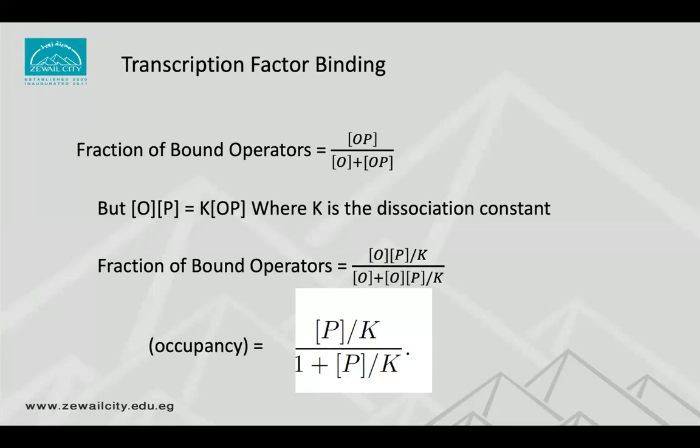And now, if you have association constant, then you have dependence in this occupancy on the dissociation constant and on the protein concentration.